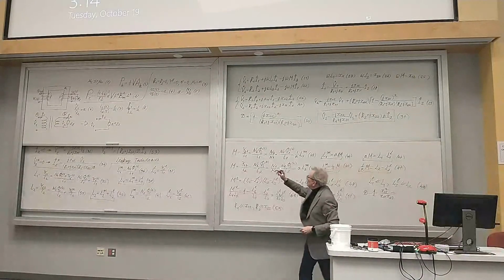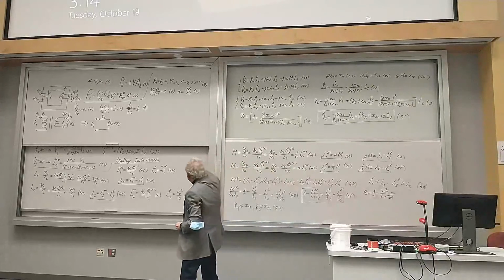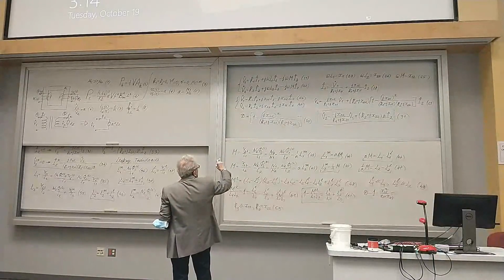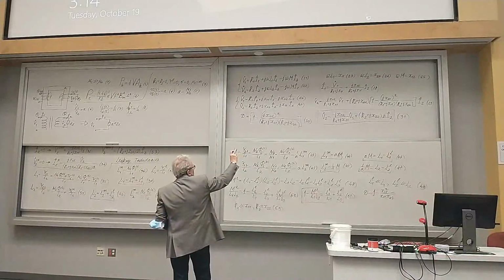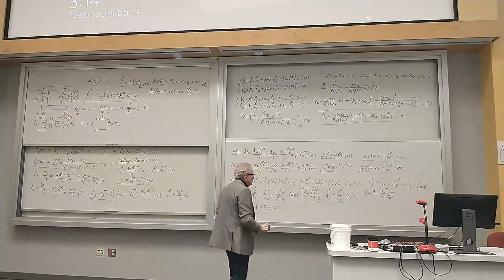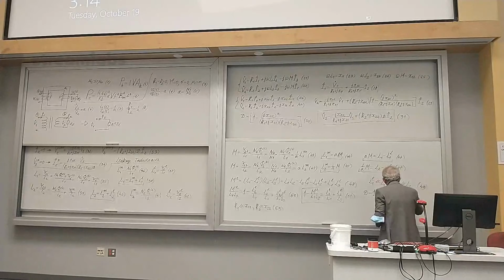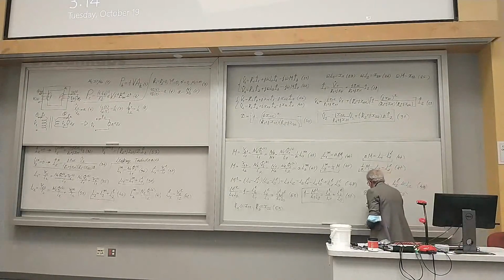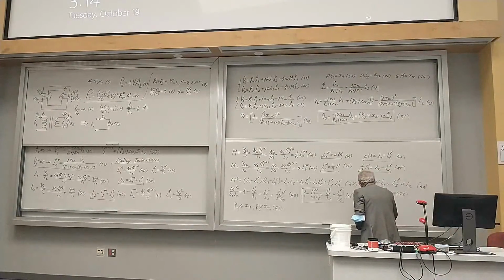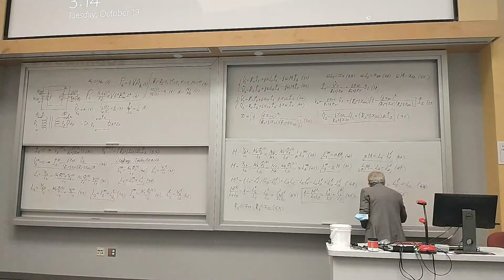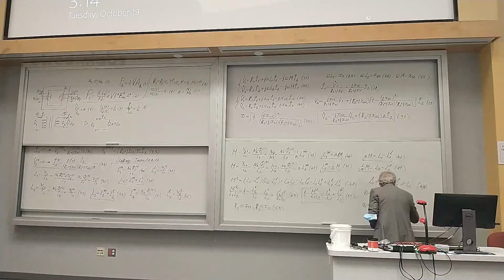And then I will use these formulas. I will use formulas 25. If you substitute here, you will find that this D will be equal to 1 minus M squared over L sub 1 times L sub 2.